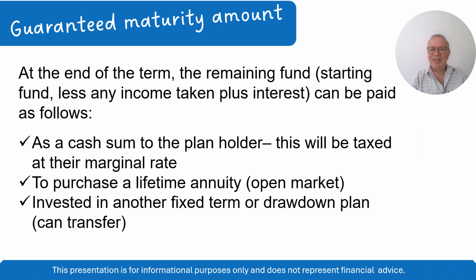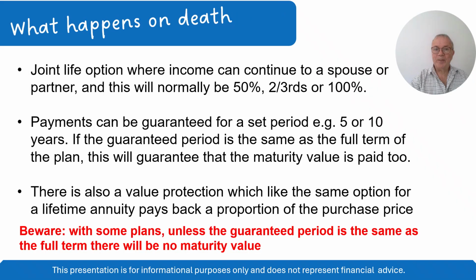It'll be taxed at your marginal rate. It can be used to purchase a lifetime annuity on the open market option. It can be invested in a fixed term or a drawdown plan. Technically, you can transfer to another pension provider, and you have all the options available under pension freedoms.